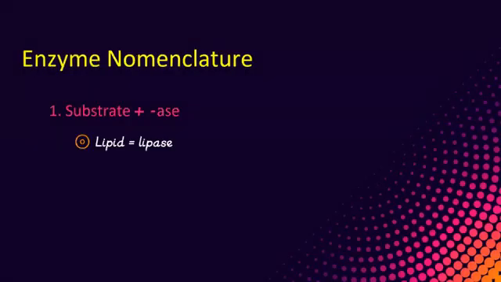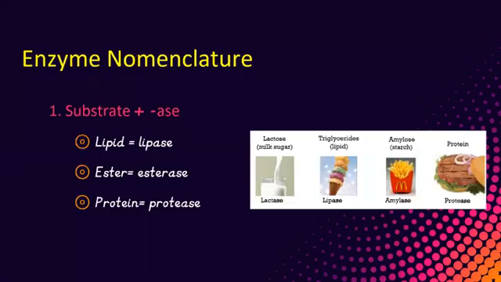Okay, so for the nomenclature of our enzymes, as I have mentioned before, our enzymes end in -ase. That is how we can identify if something is an enzyme or if it is a protein or amino acid.